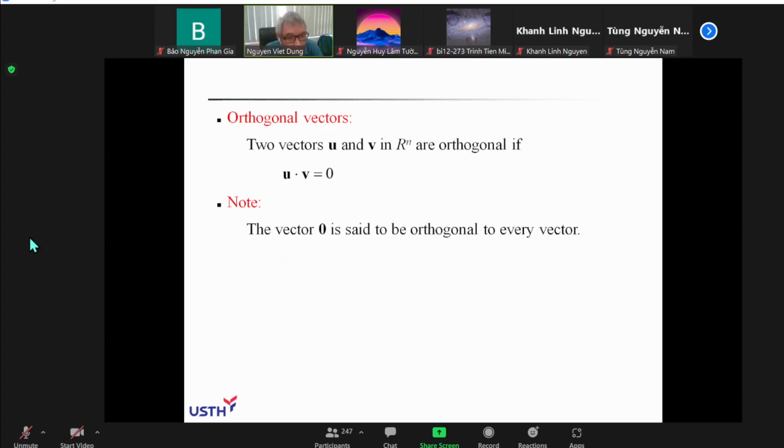But even though, the vector 0 is always considered to be orthogonal to any other vector, because of the definition here. You see, if you take the dot product between 0 and any other vector, you always get 0, the number 0. So because of that, the vector 0 will be called orthogonal to any other vector.